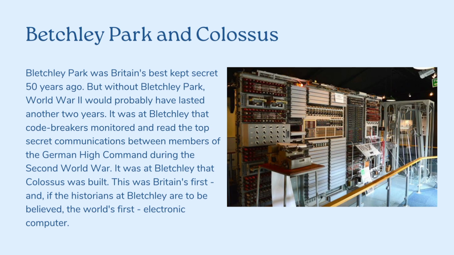It was at Bletchley that Colossus was built. This was Britain's first, and, if the historians at Bletchley are to be believed, the world's first electronic computer. Americans claim to have been first with ENIAC, but experts insist that Colossus beat this by 2 years. The reason it isn't in most of the history books is because it was a secret.